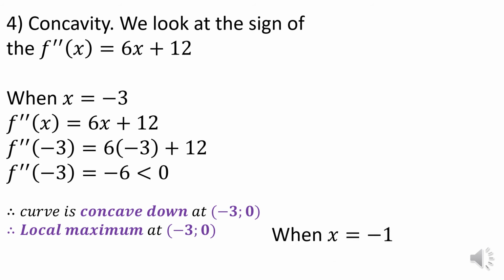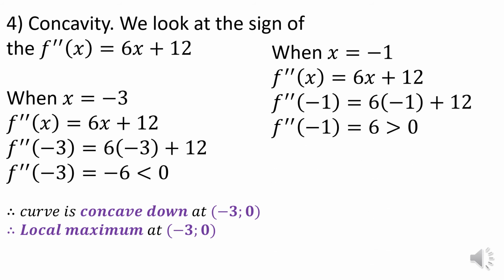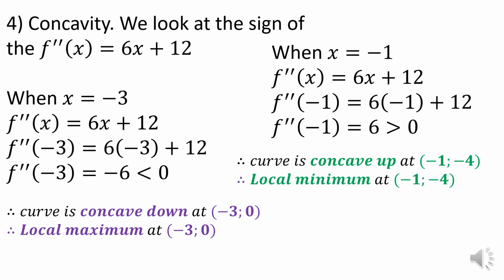When x is equal to minus 1, we substitute it into our second derivative as well. So the second derivative of minus 1 is equal to 6 times minus 1 plus 12, and we get a value of 6. Now 6 is greater than 0, which means that the curve is concave up at minus 1 and minus 4, and that also tells me that it's a local minimum at minus 1 and minus 4.